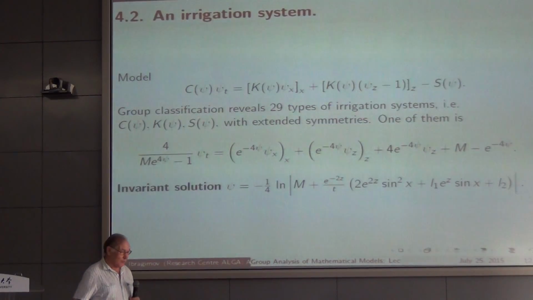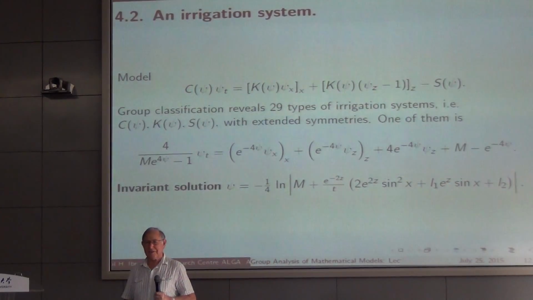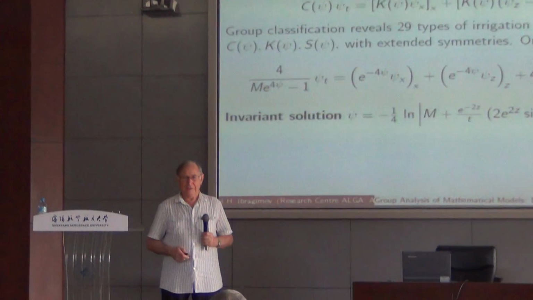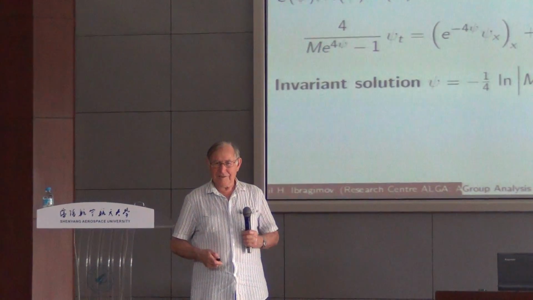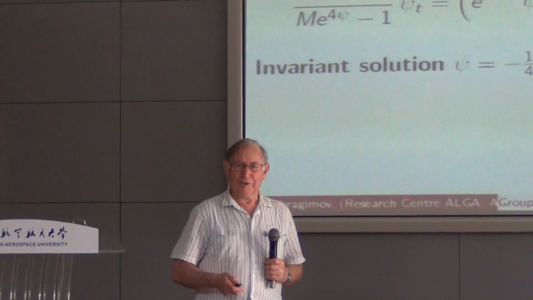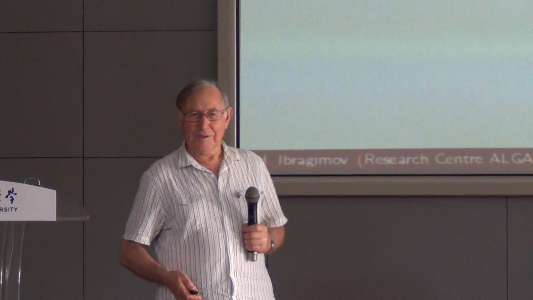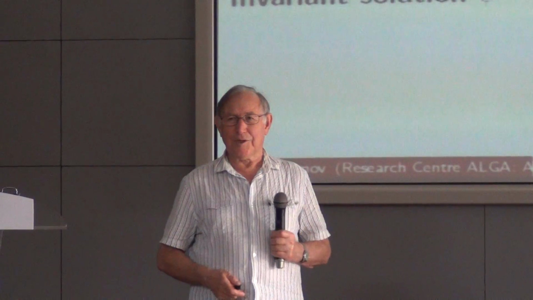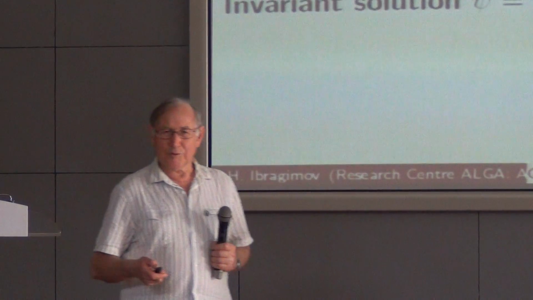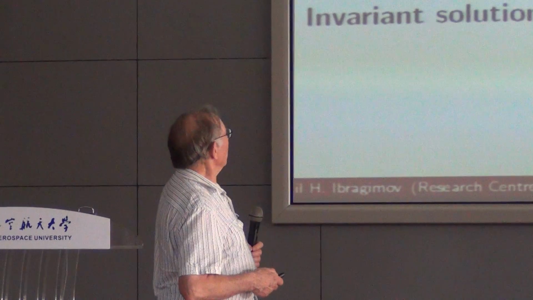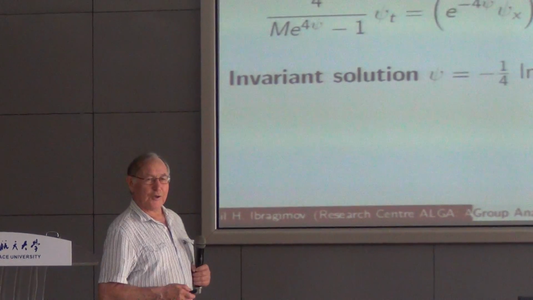At that time, of course, I could not see it immediately, it's complicated. When I returned home to Moscow, I invited Kovalyov, Gazizov, and Laikov, and we were calculating. I don't remember if Laikov was there or not, but anyhow, we made a group classification.